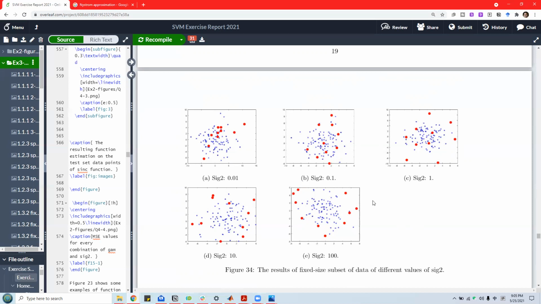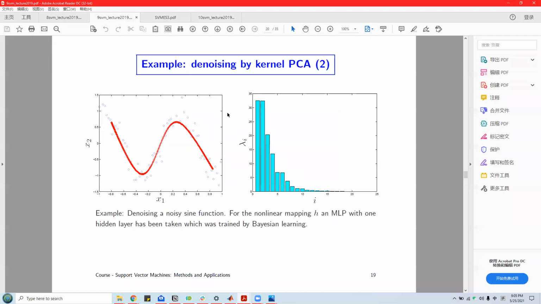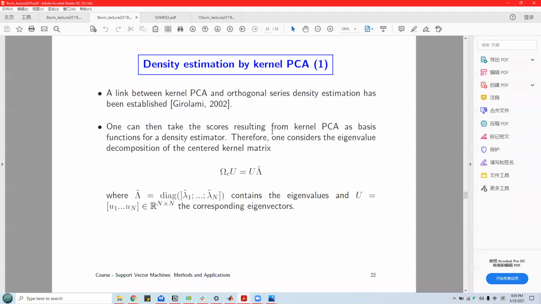So you should expect that this representation already has a lot of the characteristics of the original data. Okay, if you take a look at the slide from the lectures, they are talking about some examples, right?